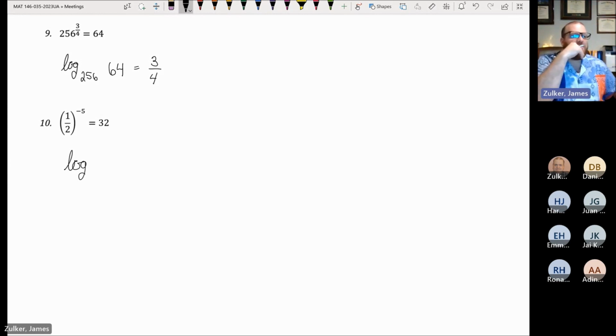What is our base here? Yes, log base 1/2. What are we taking the log of? And then it'll give us what?